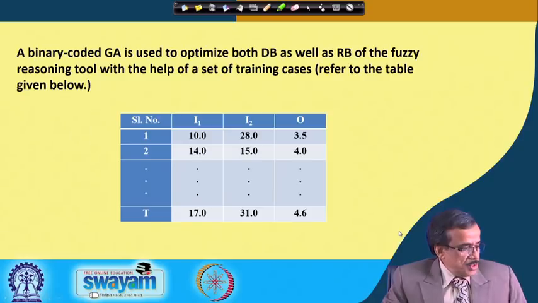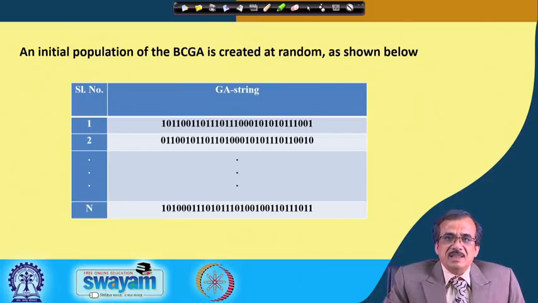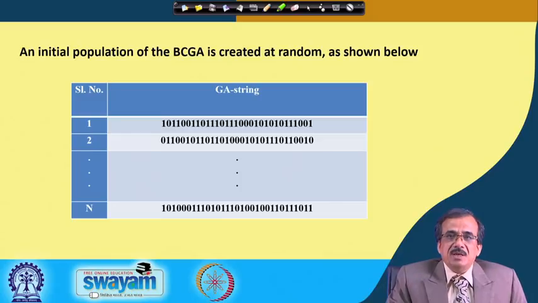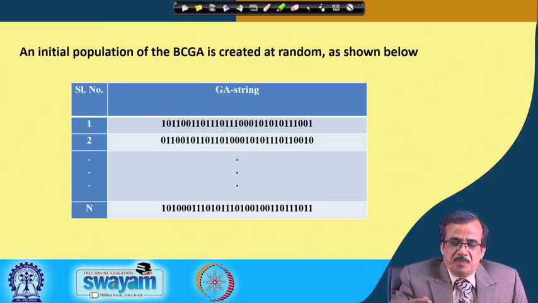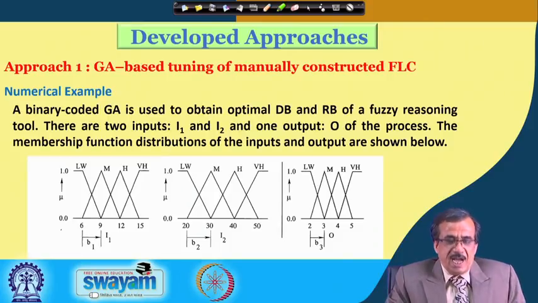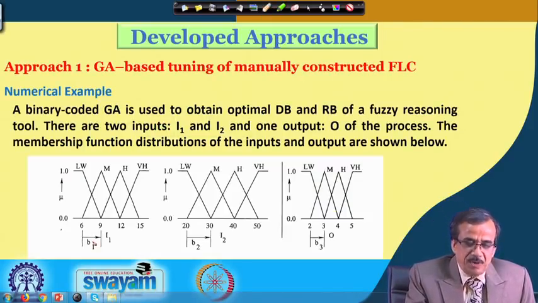Now, once you have got this training scenario, we will have to design the GA string for the binary coded GA. This GA string will carry information of all the design variables. Now, what are the design variables? The design variables could be B 1.